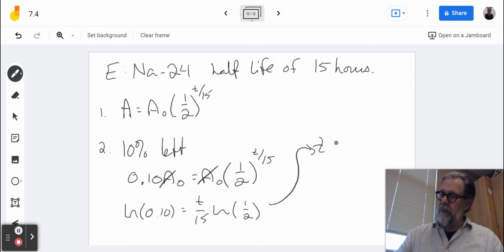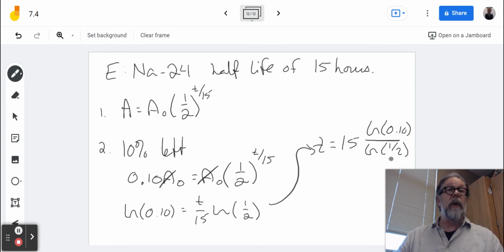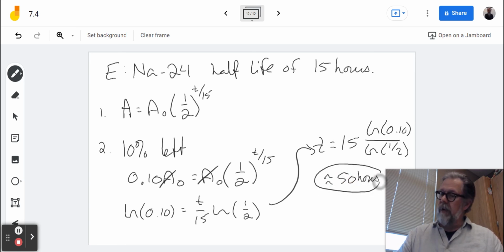The time to 10% left is 15 times the natural log of 0.1 over the natural log of 1/2. Plugging that into my calculator, I get approximately 50 hours. If it has a half-life of 15 hours, it will take about 50 hours for 90% of it to decay away.